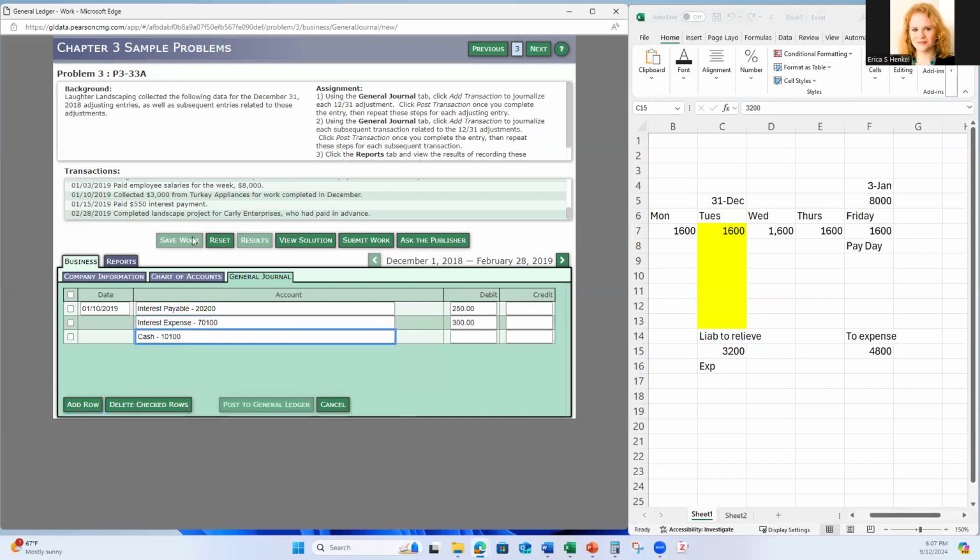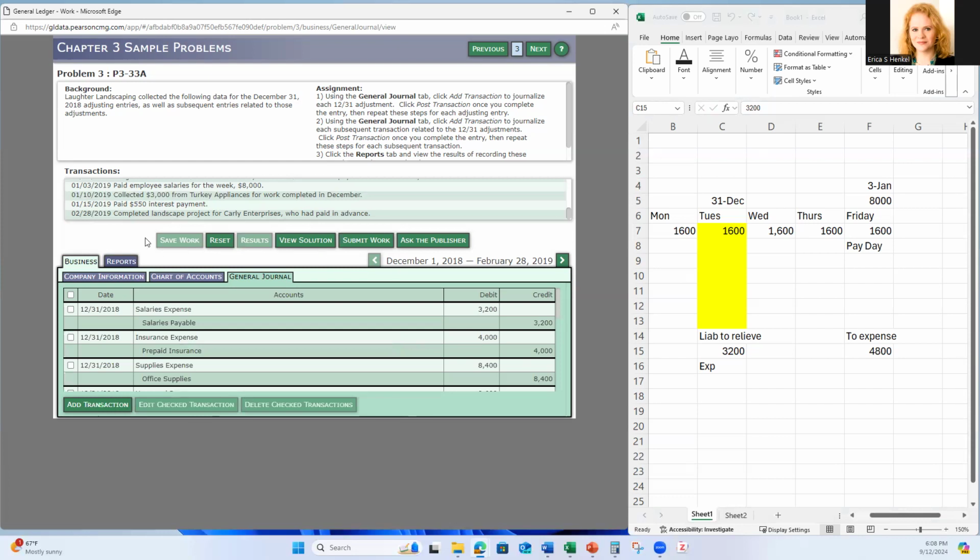So we're crediting cash because we are paying $550. So of that $550, $250 was expense we recorded in December already, and $300 is the amount that fell in January. And then the date here, I want to update that date to be the 15th, because that's the date that we're actually paying it on. So I'm going to go ahead and post that.